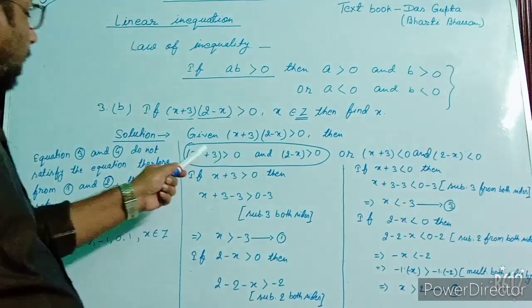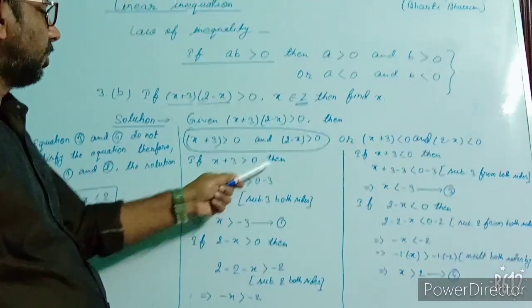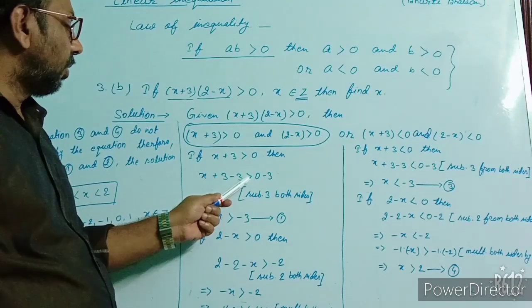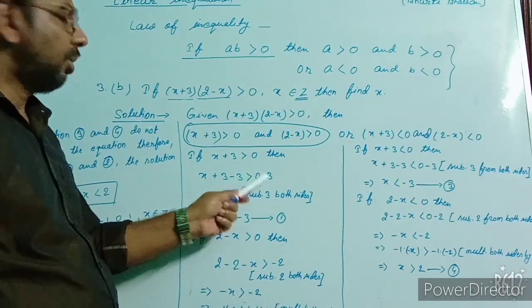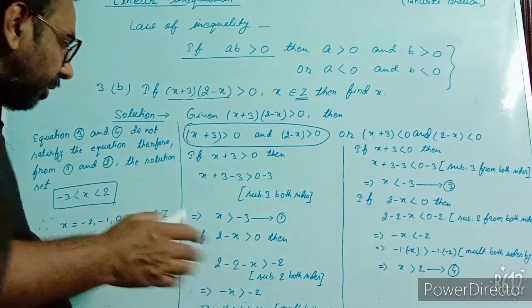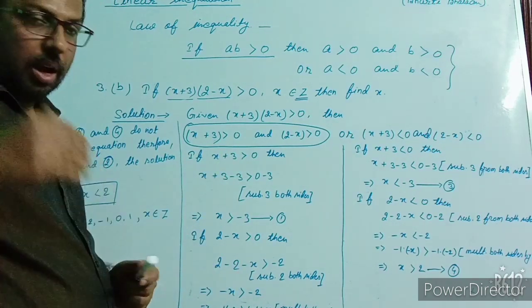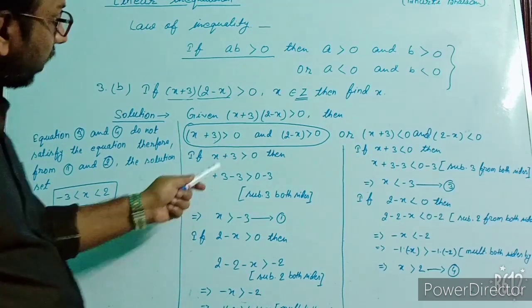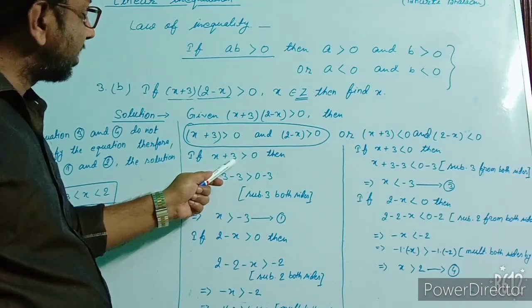If x plus 3 is greater than 0, then x plus 3 minus 3 will also be greater than 0 minus 3. Why am I doing this? Our aim is to make x alone. To make x alone, we have to cancel this 3.